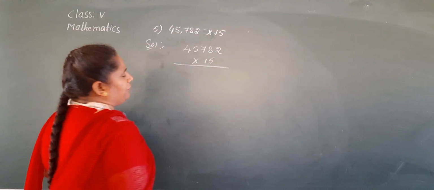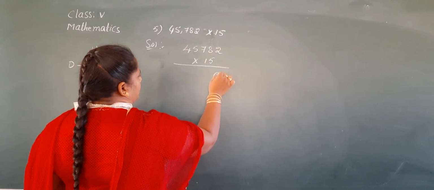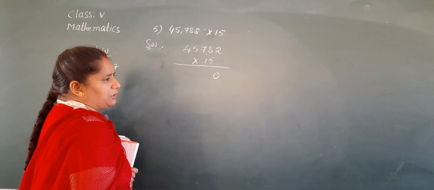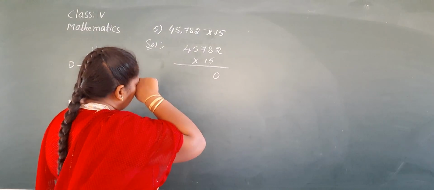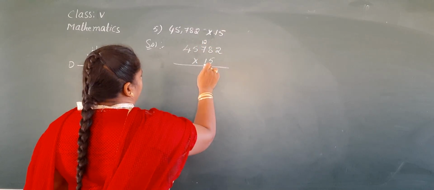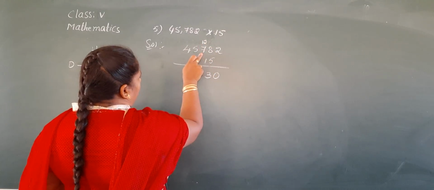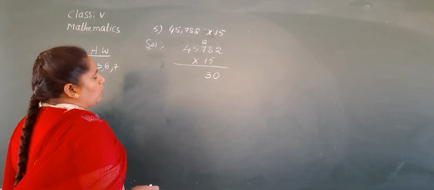45,782 into 15. 15 2s are 30. 3 in hand, 0 is down. 15 8s are 120. 120 plus 3, 123. So 12 we write side 3. 15 7s are 105 plus 12, 117.